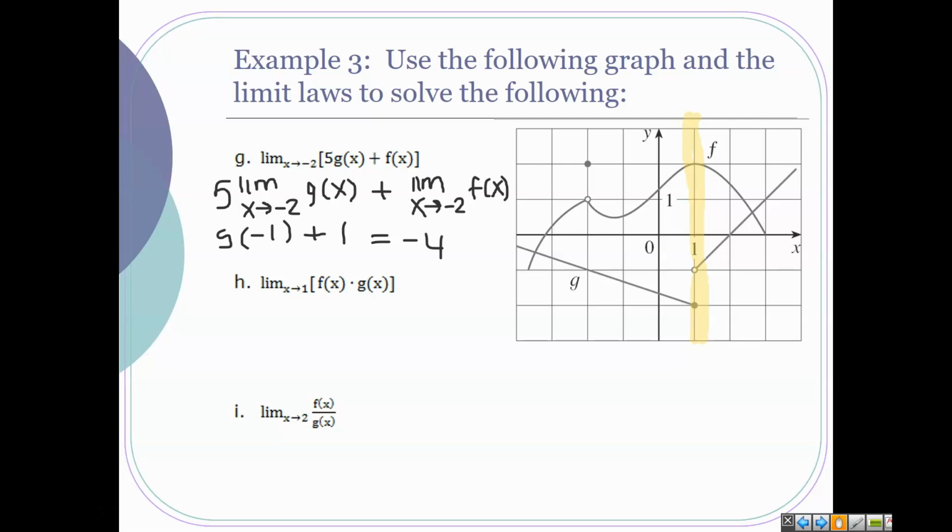Therefore, the limit as x approaches 1 of f of x times g of x does not exist. It still does not exist, because if it fails to exist at g, you can't add it to f.